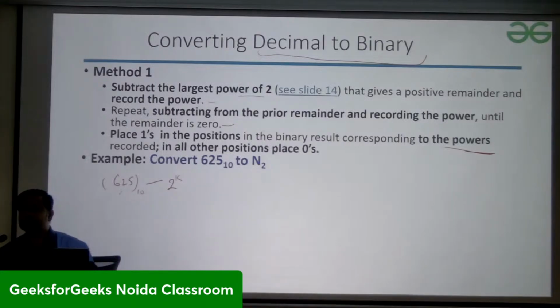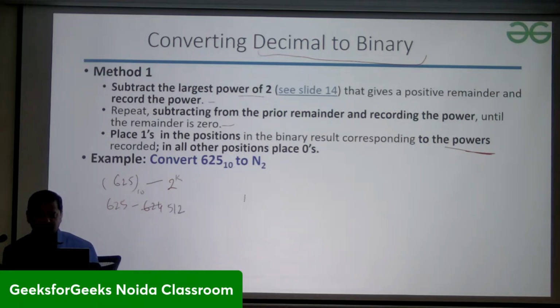So which value is closer to this one? 2 to the power 9. Okay, so it is going to be 625 minus 512.